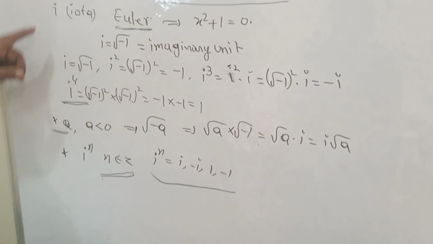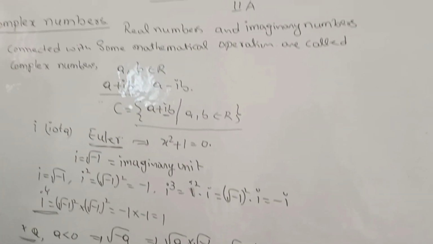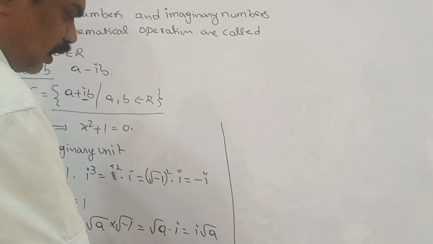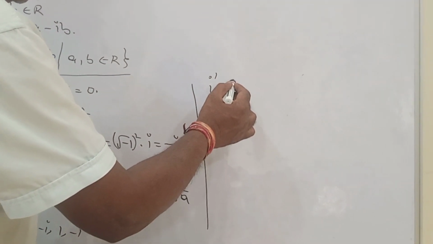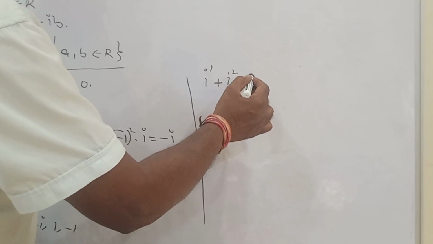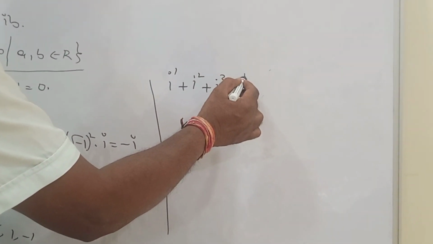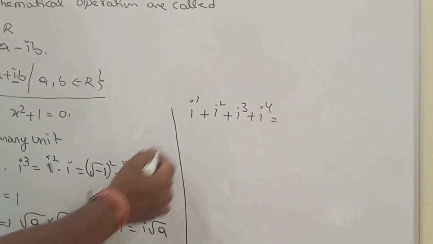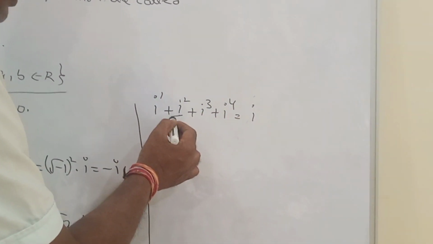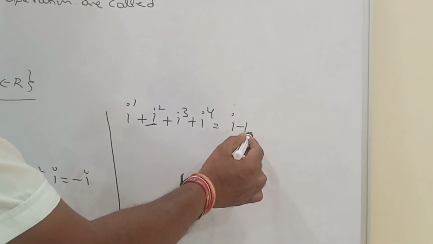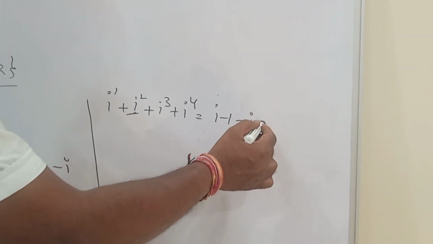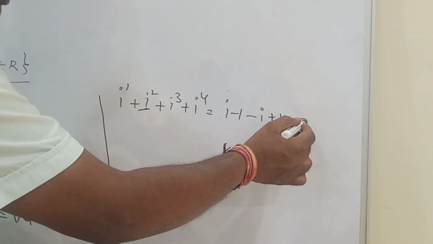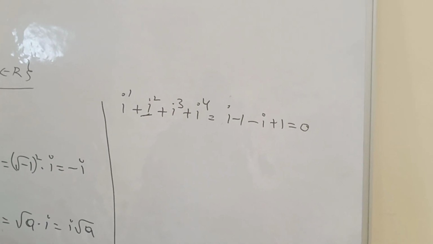Suppose we take i power 1 plus i square plus i cube plus i power 4. i square value is minus 1, i cube value is minus i, i power 4 value is 1. This is equal to 0.